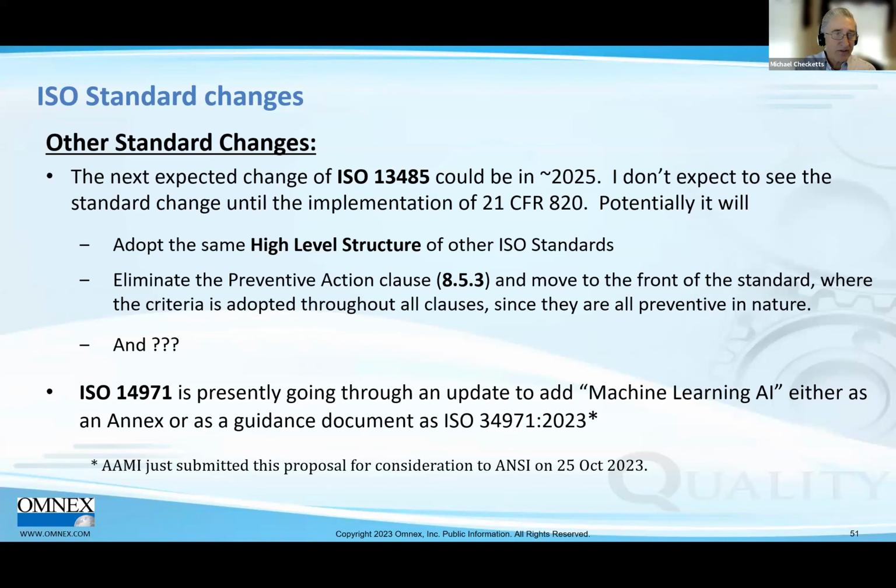We're not sure whether it's going to be considered an annex or if it will be 34971. We, meaning AAMI, are trying to make sure that it is a separate guidance document, but it might be adopted as an annex by ANSI. So the poll is still to be taken on that. We're not really sure what it's going to be adopted as.